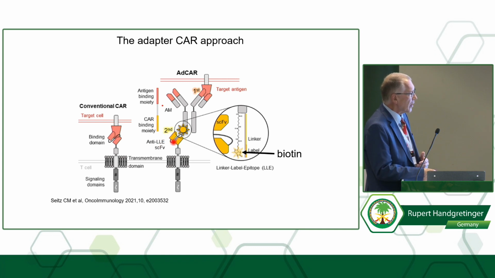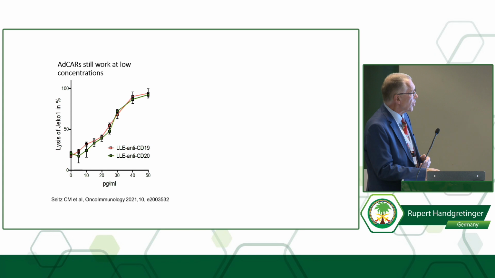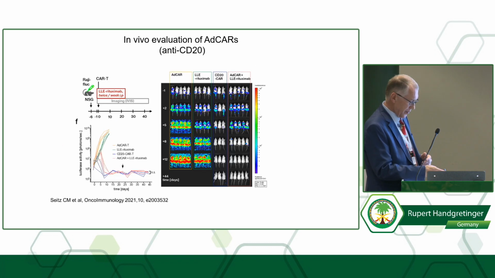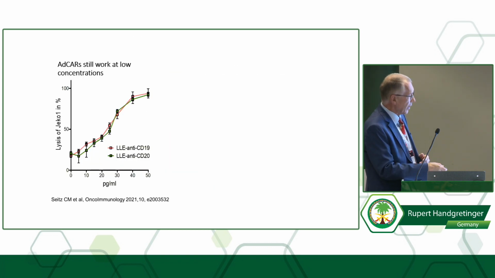So this CAR recognizes not a target on the T cell, on the B cell, or on the malignant cell, but it recognizes an adapter, and this adapter is labeled to an antibody via a linker, as you can see here. And this is shown a little bit better. And this adapter works quite nice, as you can see here.